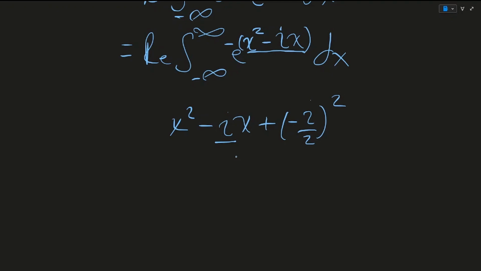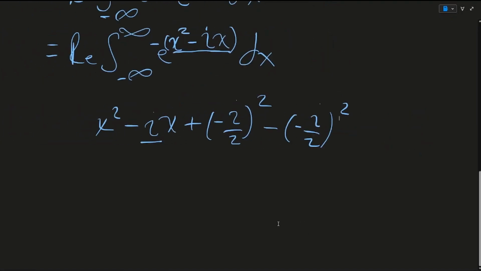But we can't just add this out of the blue, because that would be violating the rules of algebra. We need to subtract it out too, so that it all cancels down to 0, and it's a-okay to just add this on. And so what this gives us now is x squared minus ix plus negative 1/4.